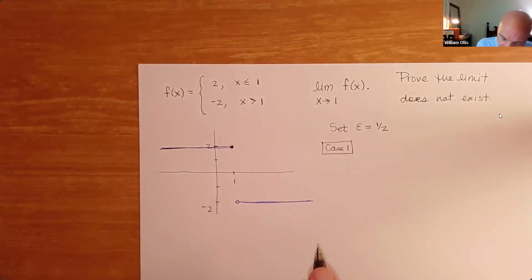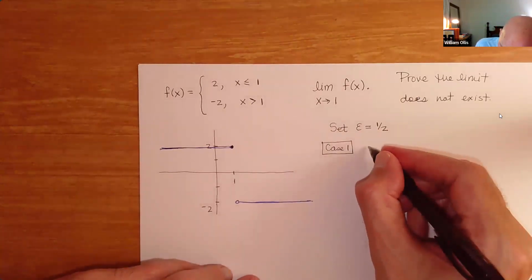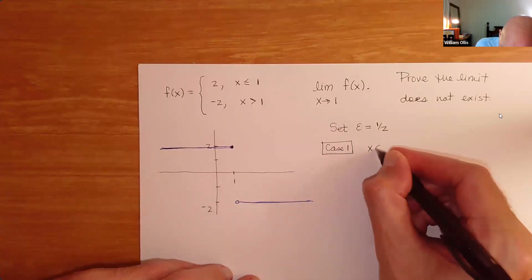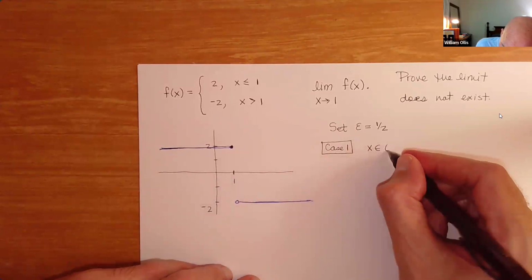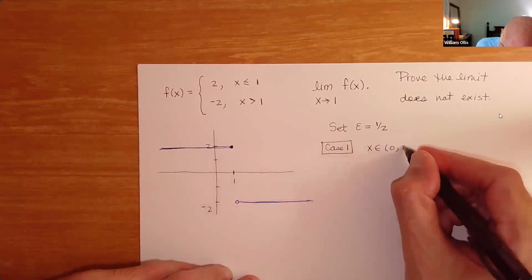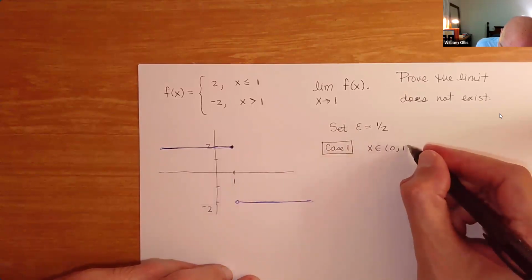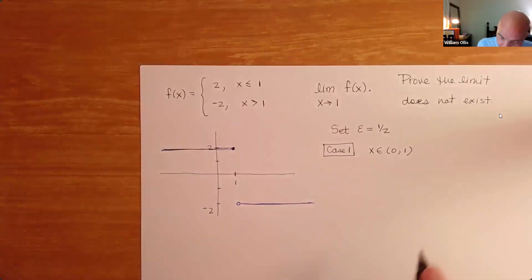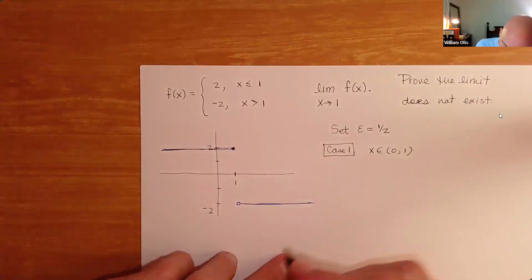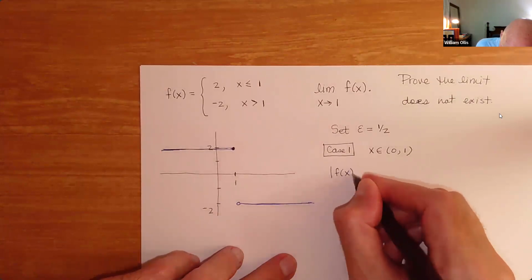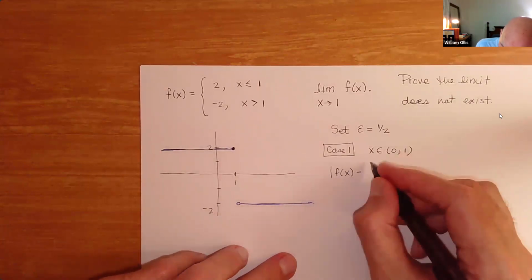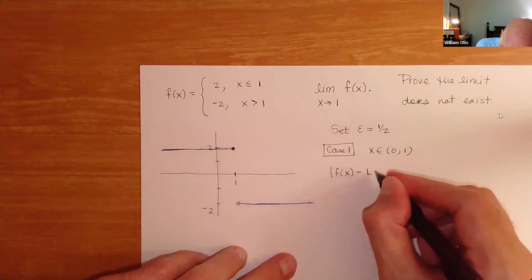We're going to let x live, say, in 0 to 1. So when we look at that, for 0 to 1, we look at f of x minus L.